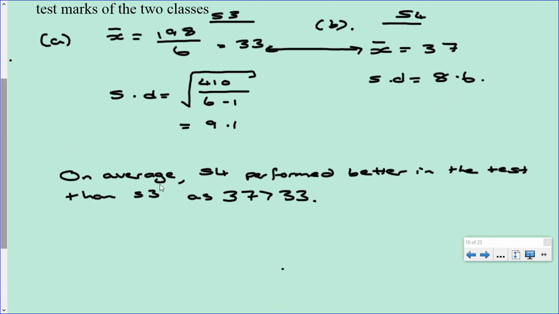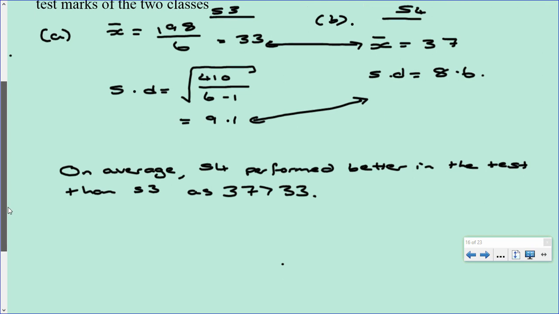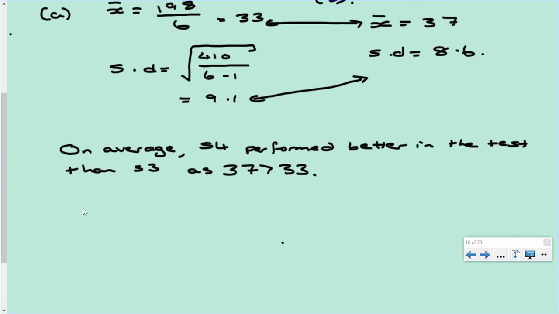Okay, now our standard deviations, we were speaking about test marks, and then we want to see which one is more or less consistent. So having a look at our numbers, we've got 9.1 and we've got 8.6. Remember, the lower the number, the more consistent it is.